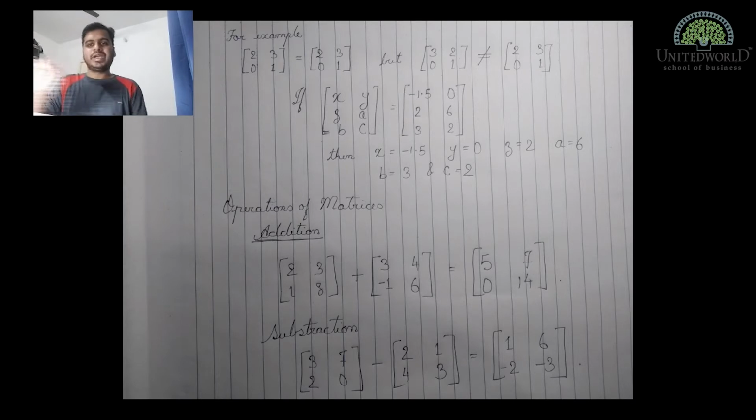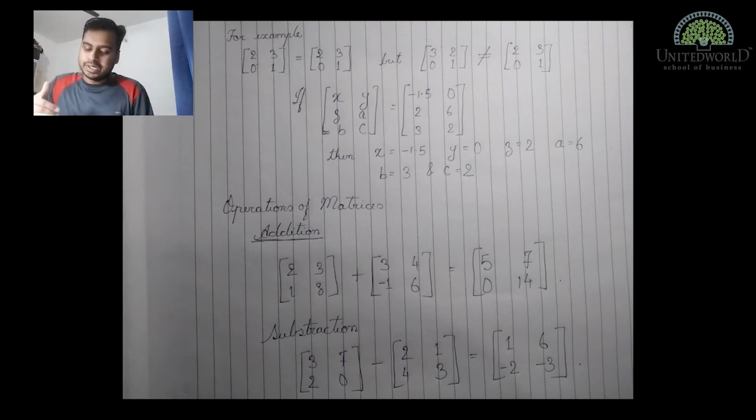So the corresponding elements do not match here. That's why those two matrices are not equal. Now you can get similar problems. For problems we'll have separate tutorial videos. I'll be solving a lot of questions and we'll be discussing those, but this example will clarify what equality is and what kind of problems you can get on equality of matrix.